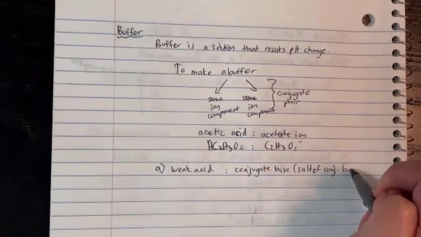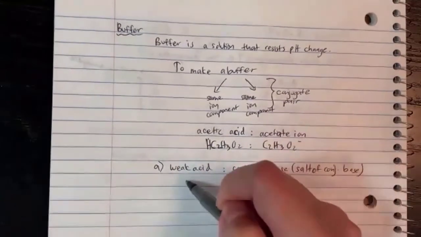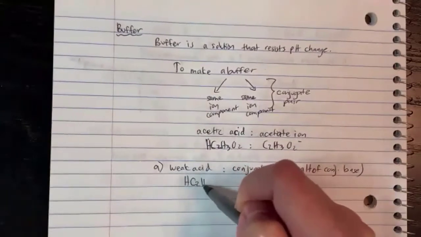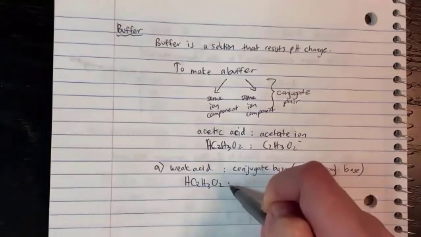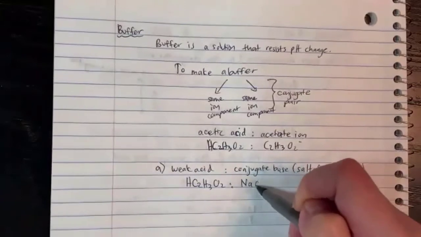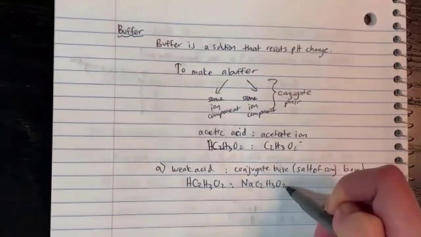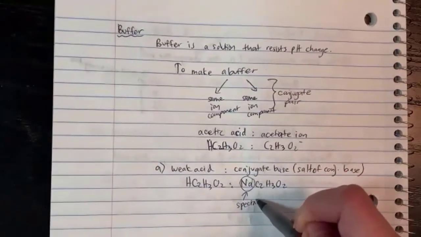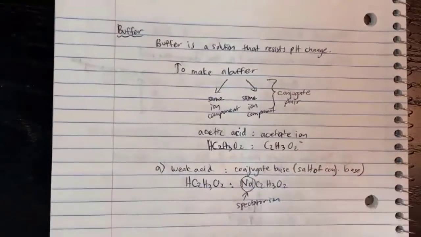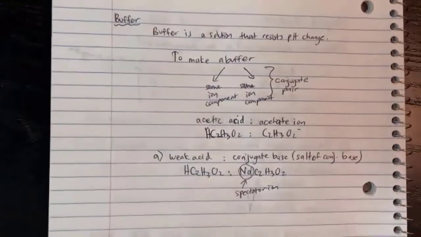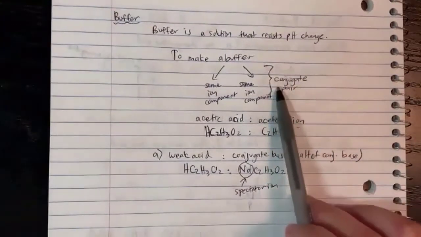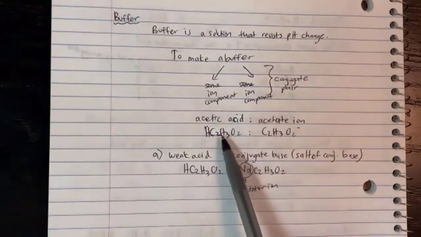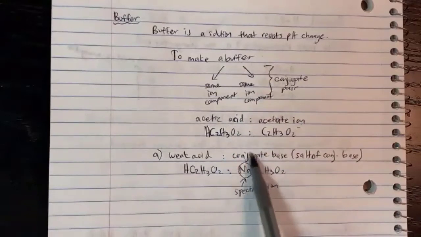So in this case, if we want to use acetic acid, we would take acetic acid, and then we pair it with sodium C2H3O2, because sodium is just a spectator ion. Okay, so we need a conjugate pair. They both have to have the same ion component. So C2H3O2, C2H3O2, that's one example.